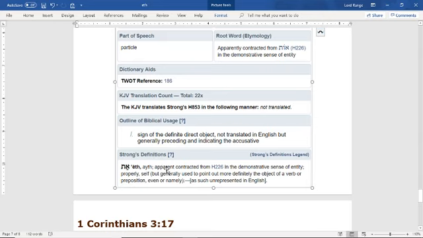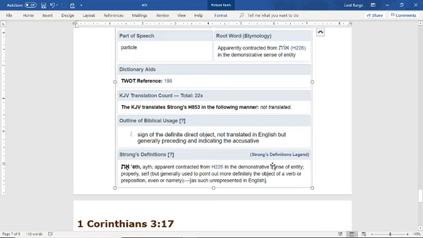It says 8th, and I'm sorry, I can't hardly see this that good, so if I mispronounce some of these words, I'm sorry. Apparent contracted from H226 in the demonstrative sense of entity. So they're saying this word represents some type of entity. Then it says here, properly self. So when it means self, it means you, self, you.